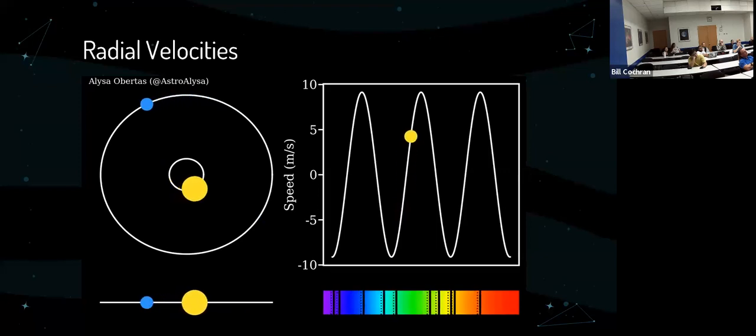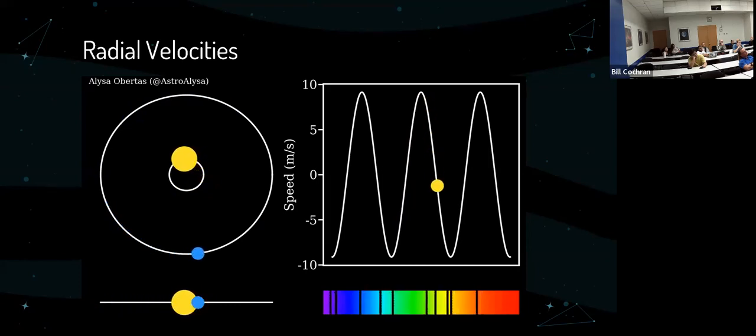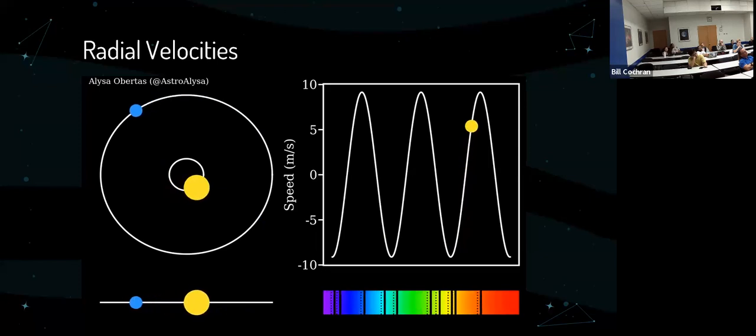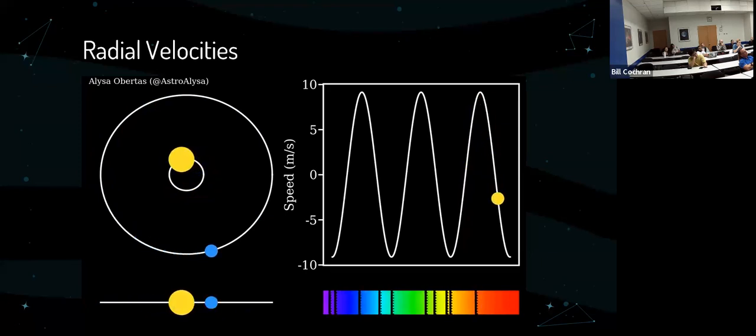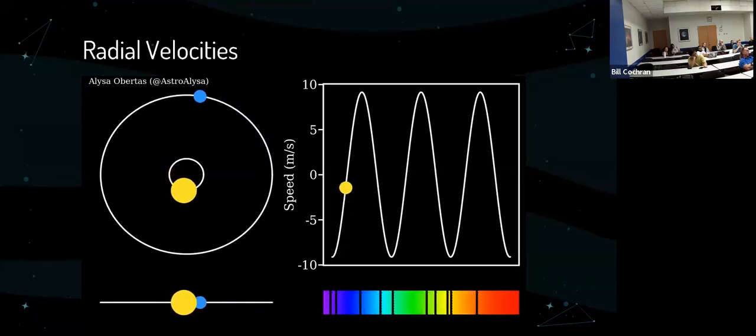Radial velocities come from the fact that the spectrum of the star shifts whenever the star and the planet are moving around the center of mass of the common system. From that, we can derive back the orbit of the star and orbital and physical parameters of both components. And we are going to use this technique a lot in my work.